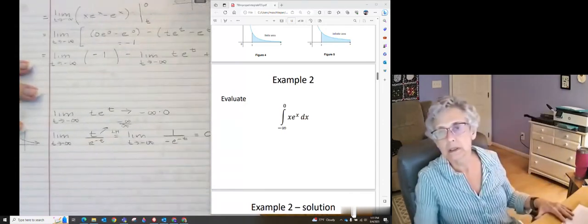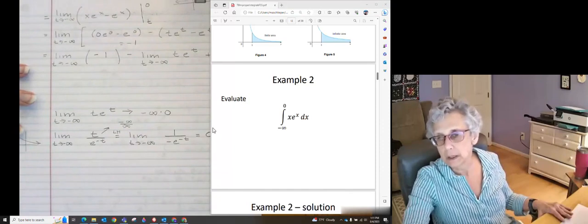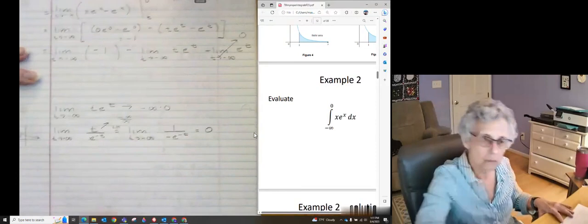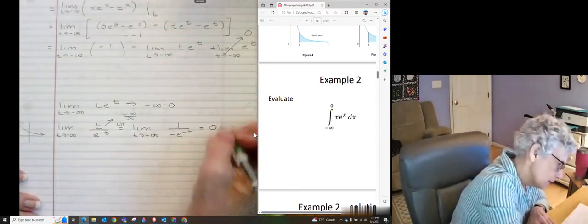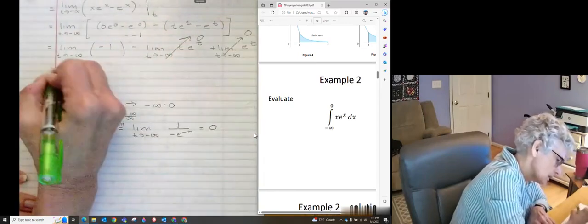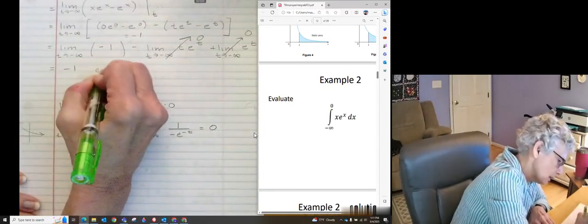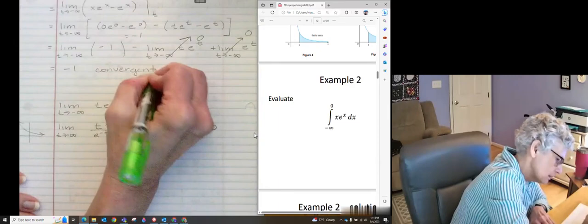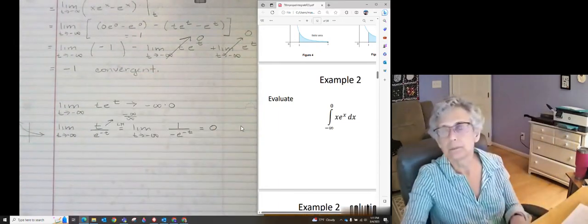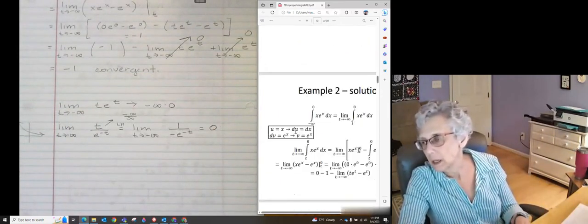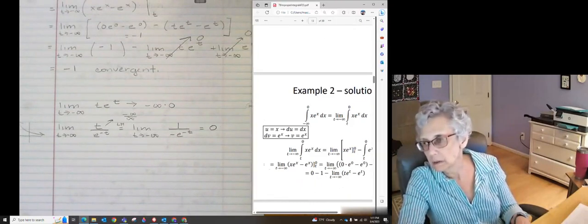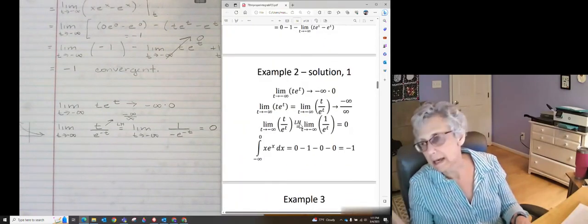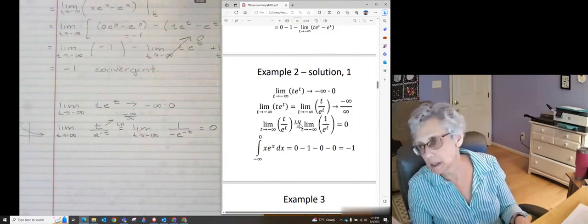Big bottoms do indeed go to 0. So this piece goes to 0, and this one is a convergent integral. Now, let's look at our pretty answers here. Exact same thing. 0, minus 1, 0, and 0.